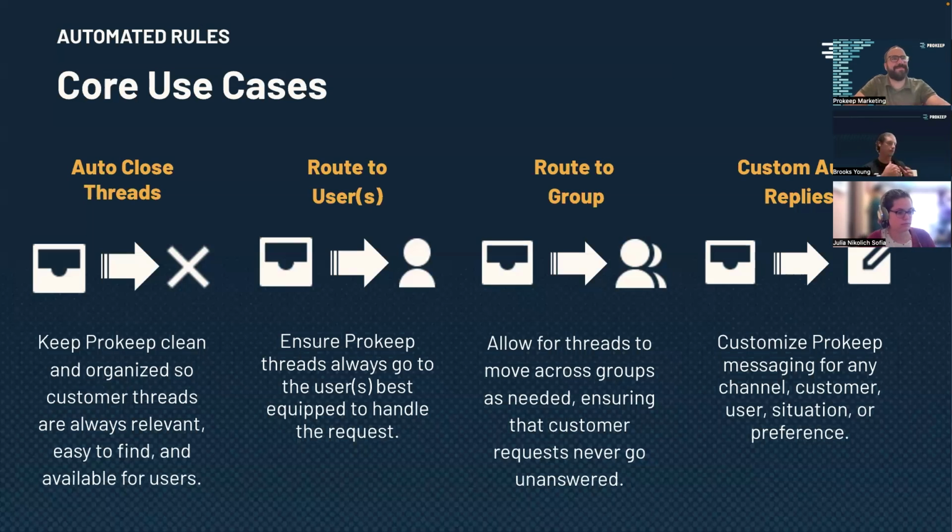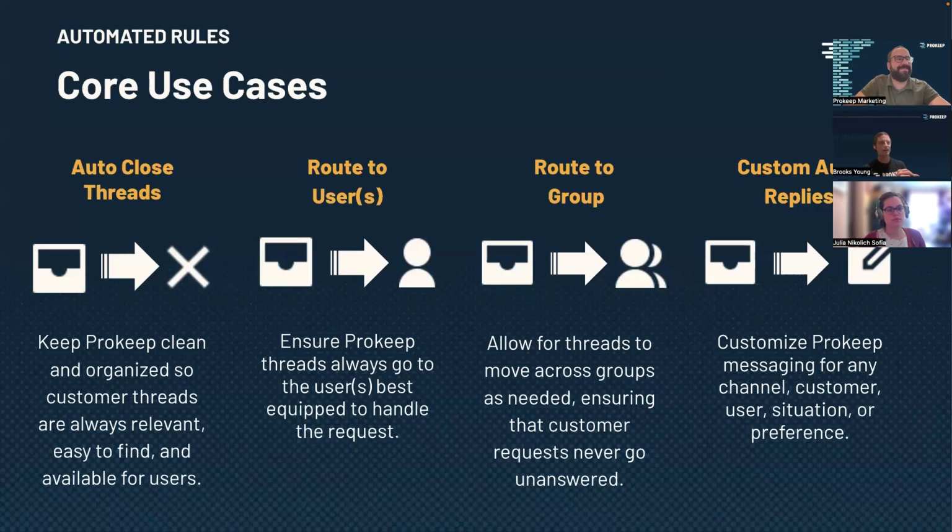And also have the beauty of, if Bob doesn't answer, it can go to somebody else. So really some great opportunities there to make it a little bit more of a customized experience, maybe for some of your VIP customers, or maybe some that are just a little bit harder to deal with.